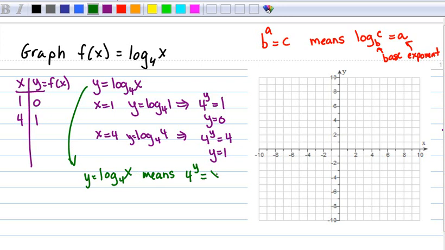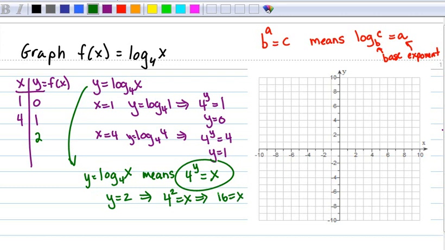This time it's equal to x. So why am I doing this? Now I can use this formula and plug in values for y instead of x. So I'm going to plug in maybe y is 2 and see what happens. When y equals 2, what does this imply? This means 4 to the 2 equals x, which means 16 equals x.